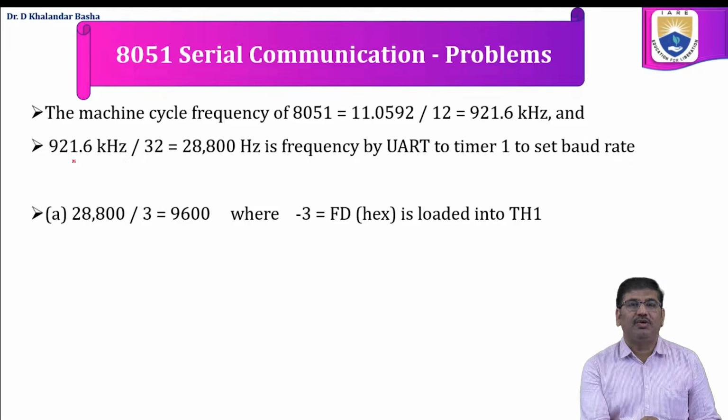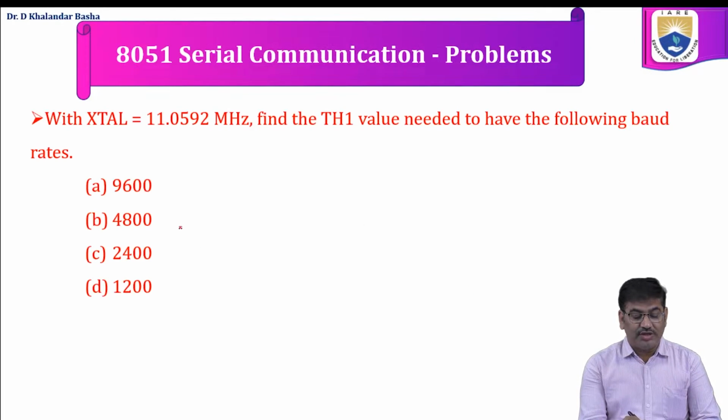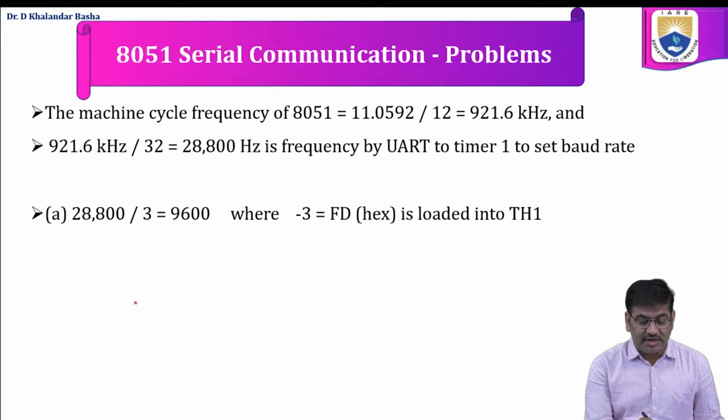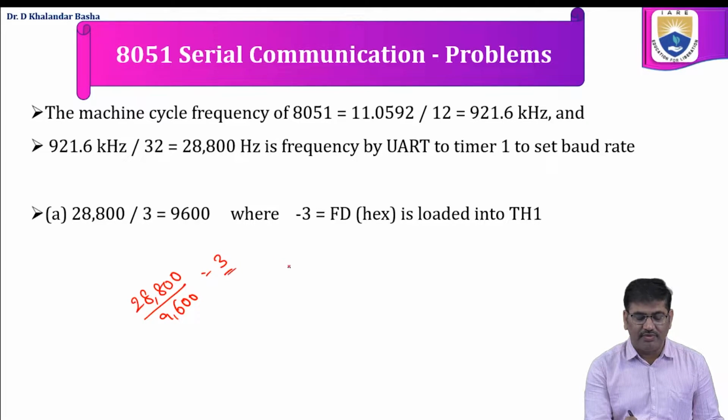So 921.6 kHz divided by 32 gives us 28,800 Hz. In problem A, we want to generate the standard baud rate of 9600. So 28,800 divided by 9600 gives us 3.